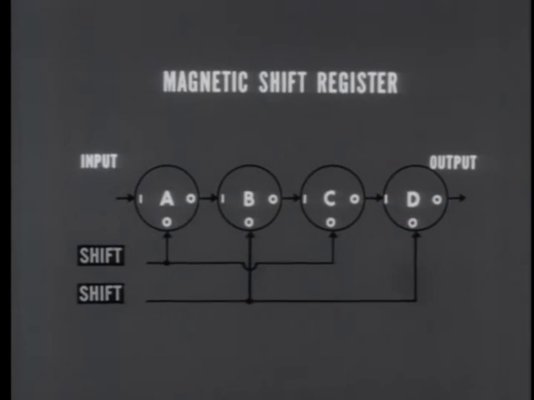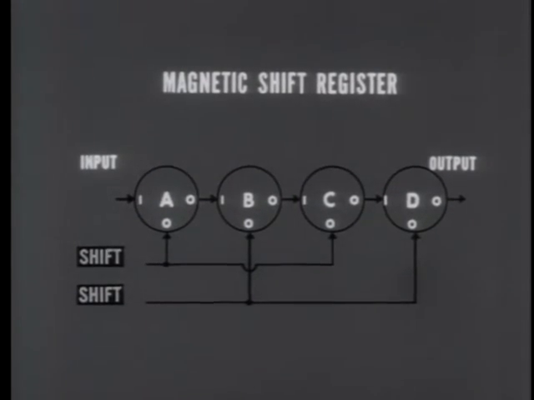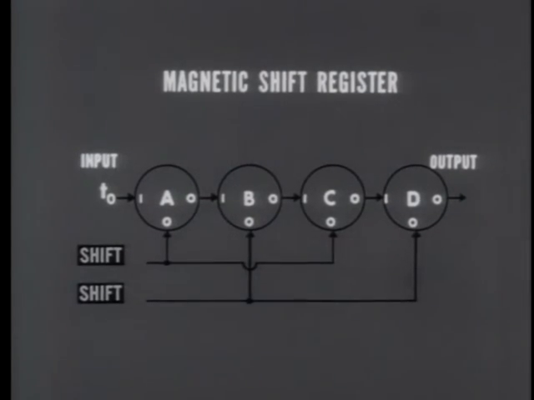This is a magnetic shift register, which provides a temporary storage for binary information. Here's how it works. At time t0, an input pulse applied to core A places a binary 1 there.